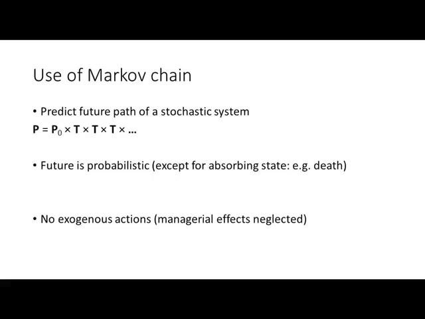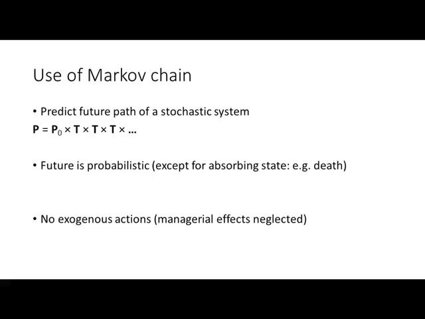Basically, it will say, okay, the probability in 10 years that the person will be in the well state is maybe 30%, in the sick state 30%, and in the dead state 40%, right?